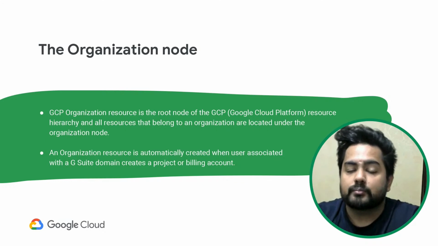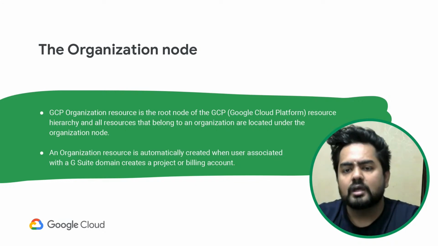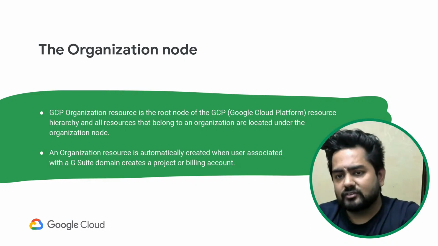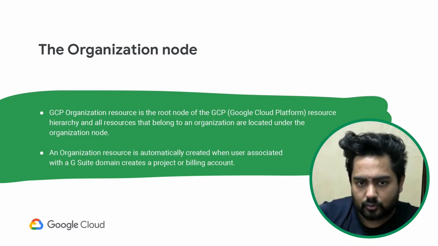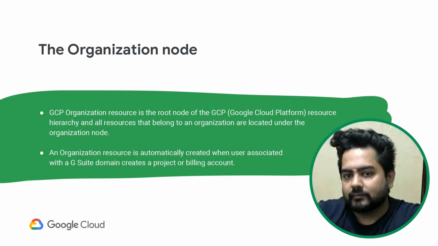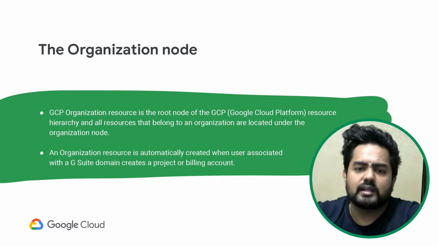And the project level represents a boundary within your company. All the services within the same project have a default level of trust. Think of an App Engine instance which can access a Cloud Storage bucket within the same project, so the IAM roles granted at the project level are inherited by the resources within the same project. Finally, we have the resource level.